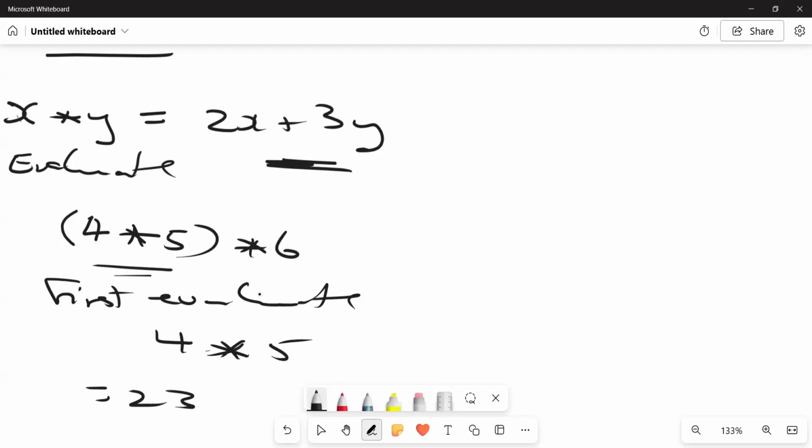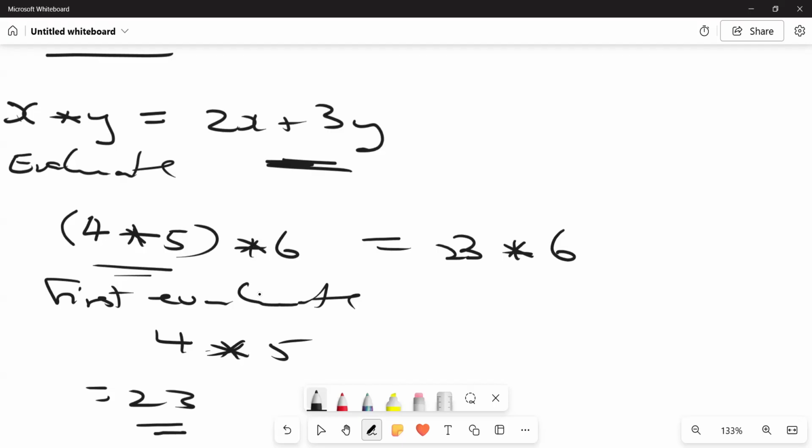So this piece here, 4 asterisk 5, is 23. So now this becomes equal to 23 asterisk 6, because 4 asterisk 5 is 23. We don't evaluate that.